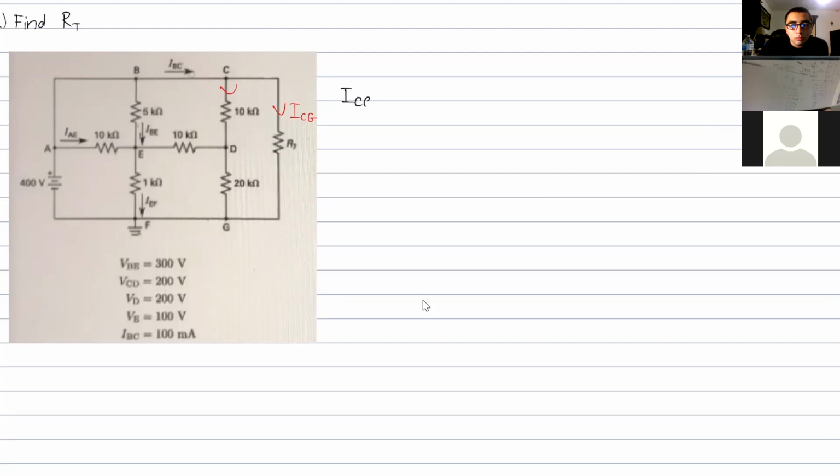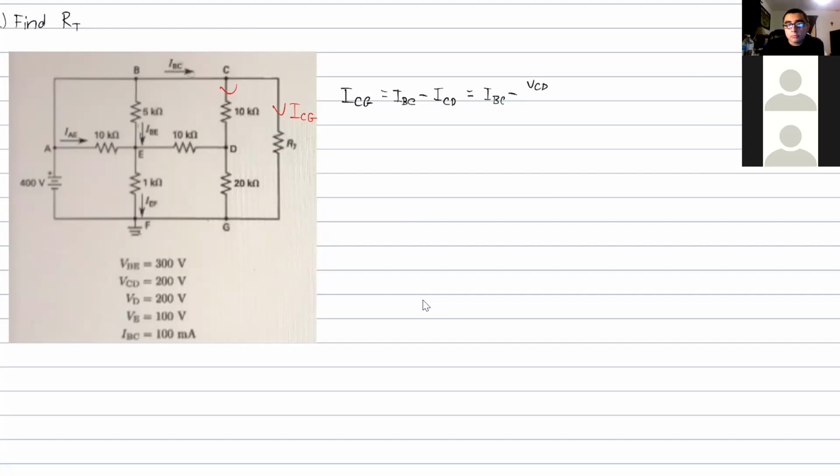So this is going to be ICG is equal to IBC minus ICD. And as I mentioned, IBC is already given. We can find ICD just by using simple Ohm's law. So our current is going to be equal to the voltage drop across that resistor divided by that value of resistance.